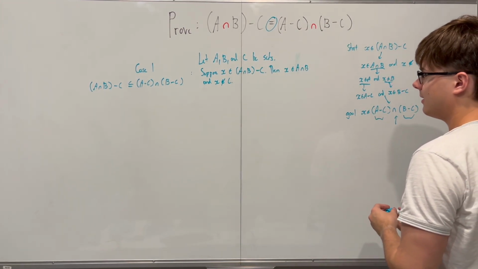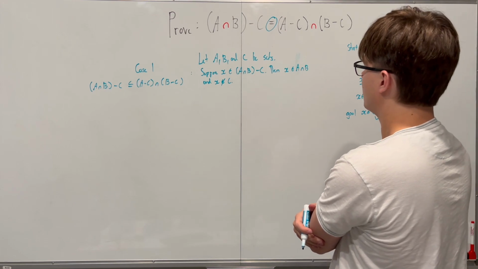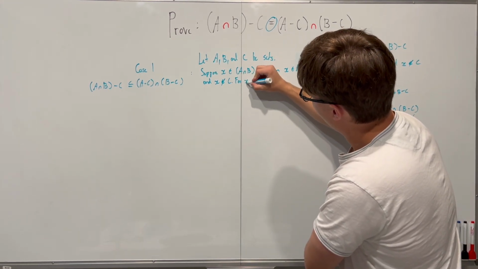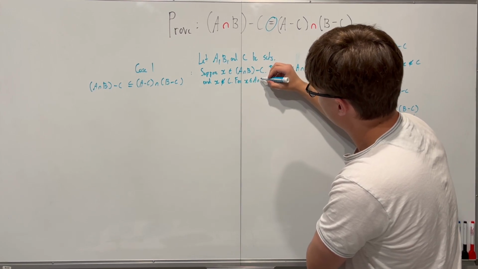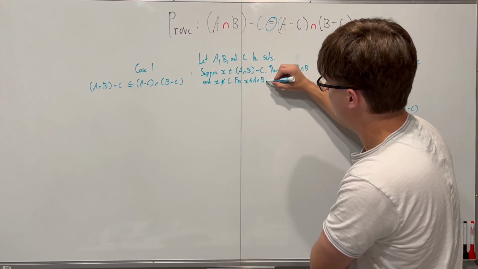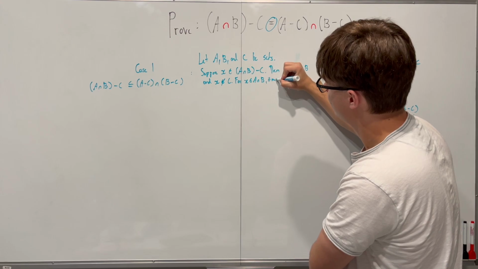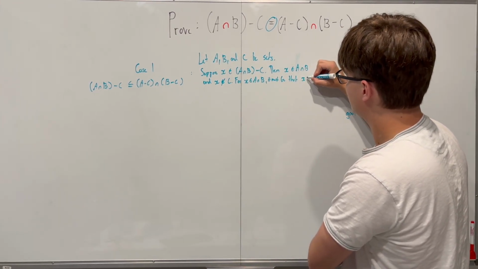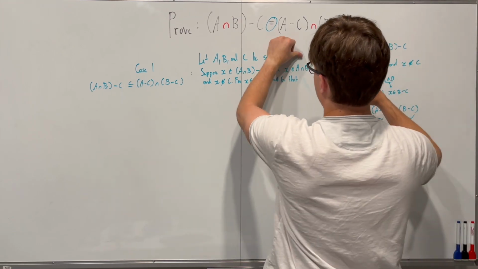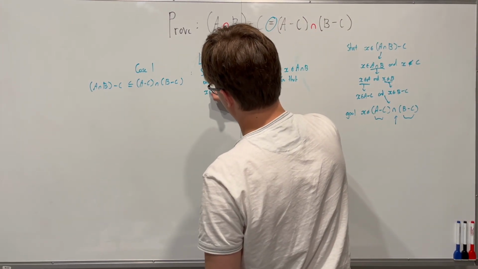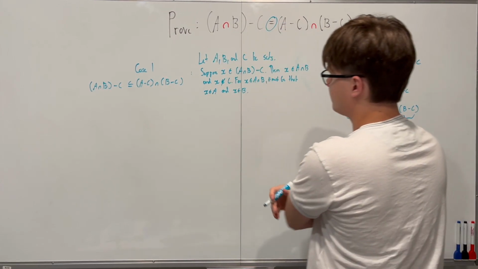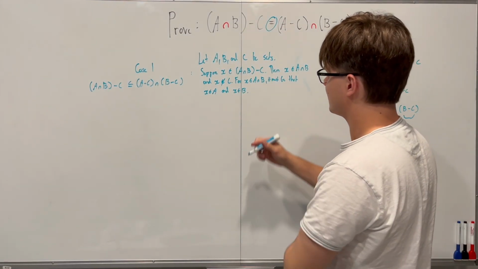Okay. Great. And then we can say for X to be an element of A intersect B, it must be that X is an element of A and X is an element of B. Fantastic.